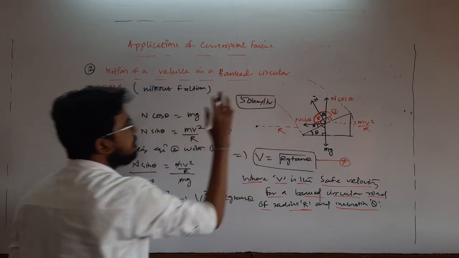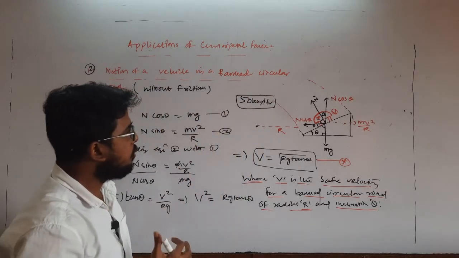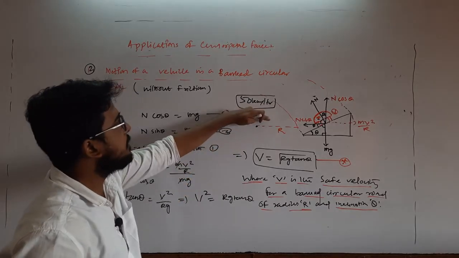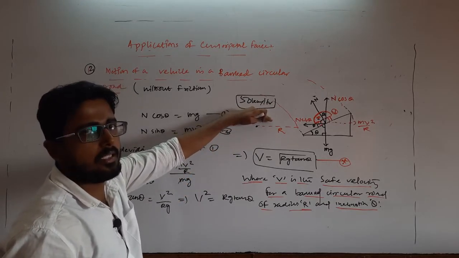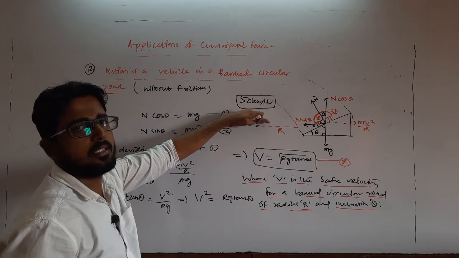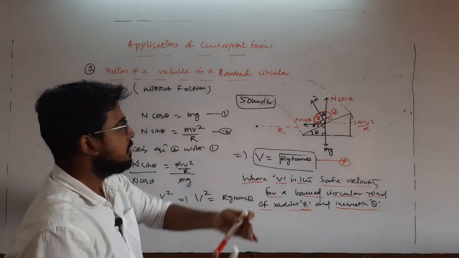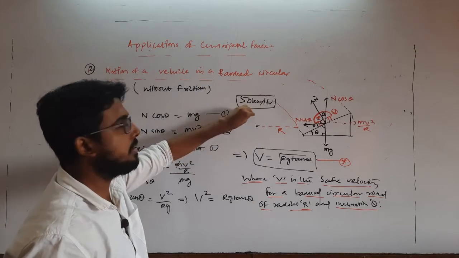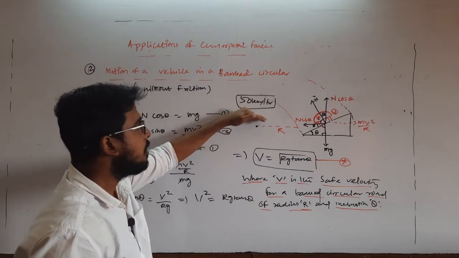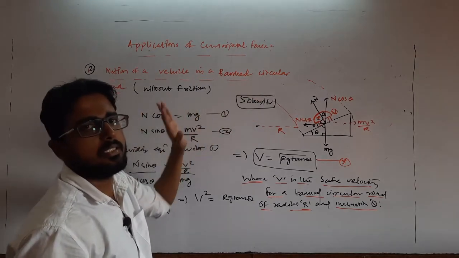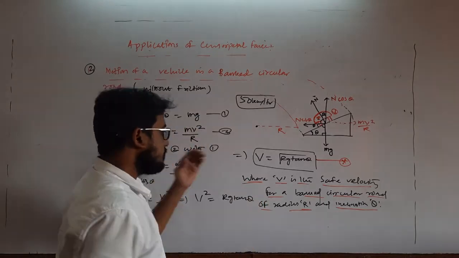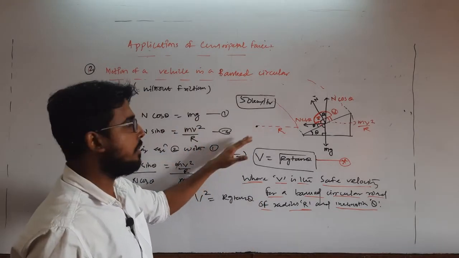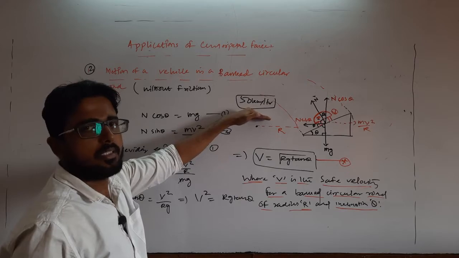So if any vehicle fails to maintain its speed of 50 km/h, then the vehicle will face an accident, because for the safe turn the speed is fixed, that is 50 km/h. Below this or above this there will be skidding. Clear? But this is not happening in our day-to-day life because friction exists.